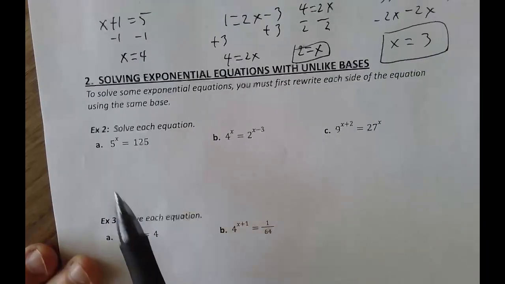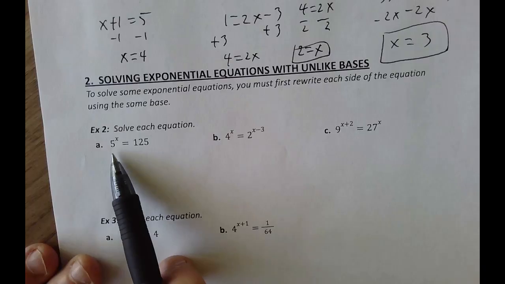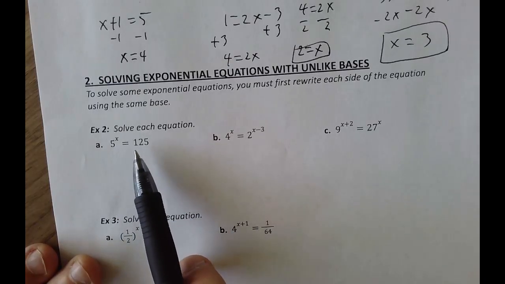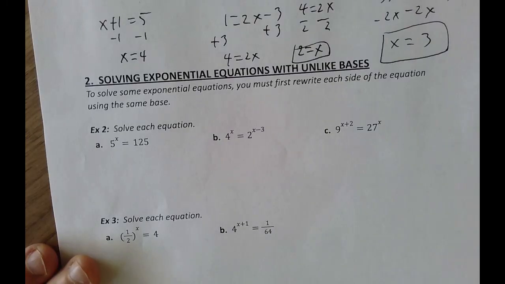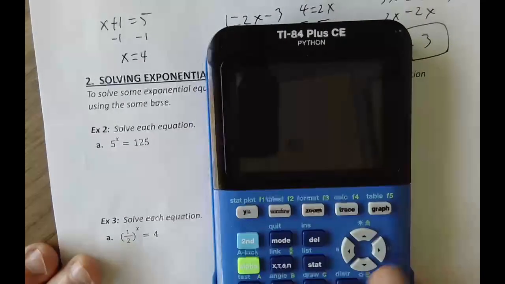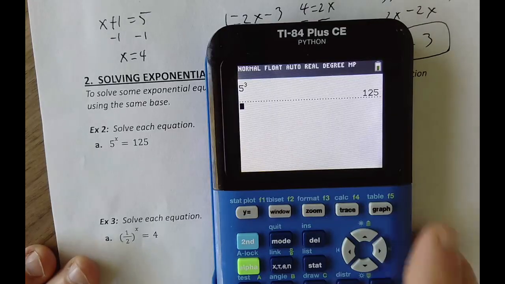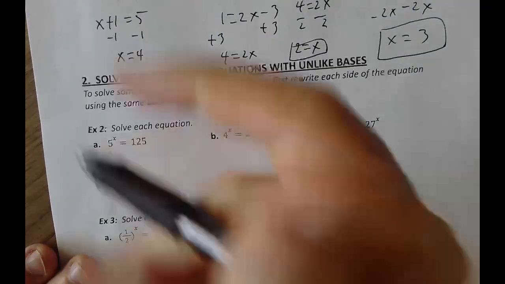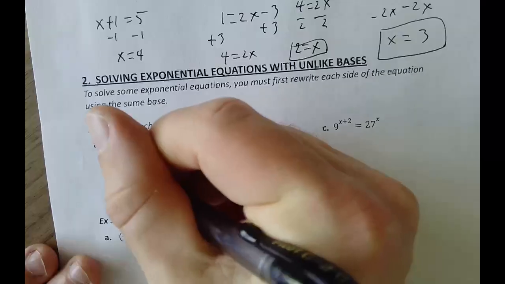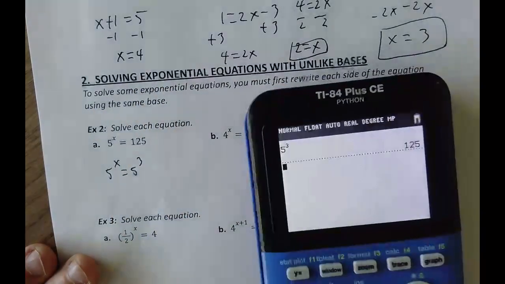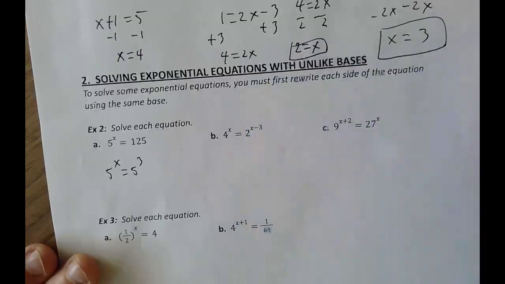Let's start over here. If this is 5, let's see if we can make this 5 also. Remember that 125, you may remember, is the same as 5 cubed. So we can rewrite 125 as 5 cubed, because these are the same thing. 5 cubed is 125.